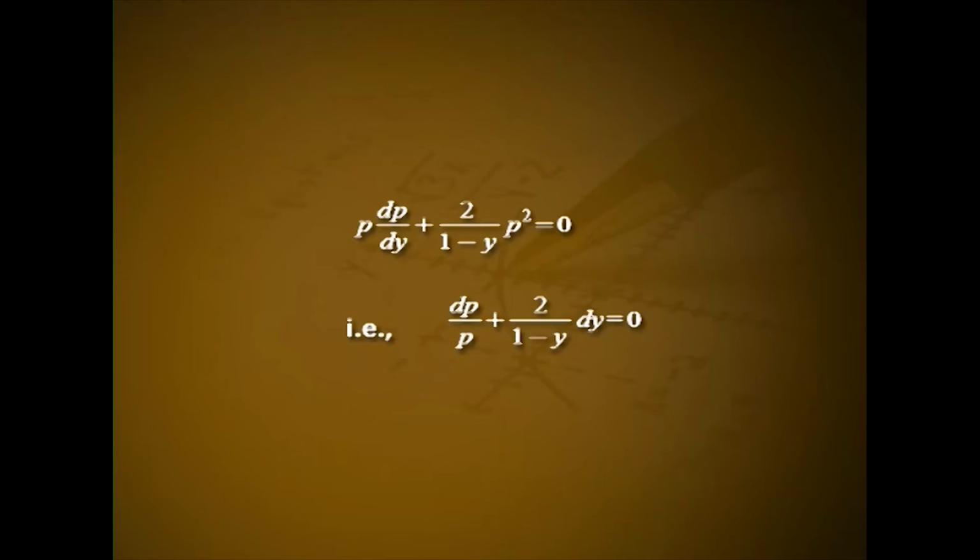Substituting these values of y dash and y double dash in the given equation, we get p into dp by dy plus 2 by 1 minus y into p square is equal to 0, that is dp by p plus 2 by 1 minus y into dy is equal to 0, which is in the separable form. Integrating both sides, we get log p minus 2 times log 1 minus y is equal to log c1, that is dy by dx is equal to p, which is equal to c1 into 1 minus y whole square.